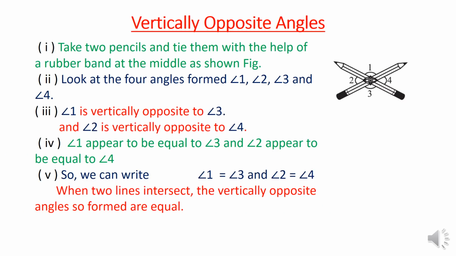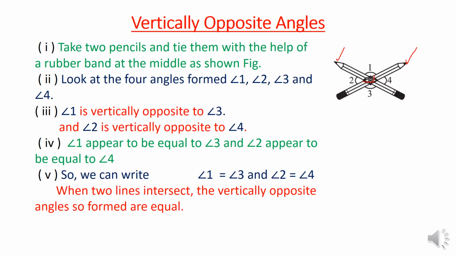Now, let us see the next part, that is vertically opposite angles. First, how do the angles form? See this small activity we have to do here. Take two pencils and tie them with the help of a rubber band at the middle, as shown in the diagram. This is pencil 1, this is pencil 2, and these two pencils are tied here with the rubber band.